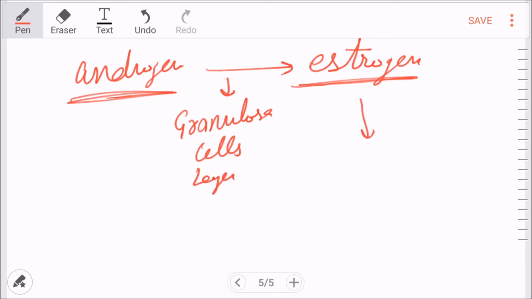And this estrogen will have two functions.